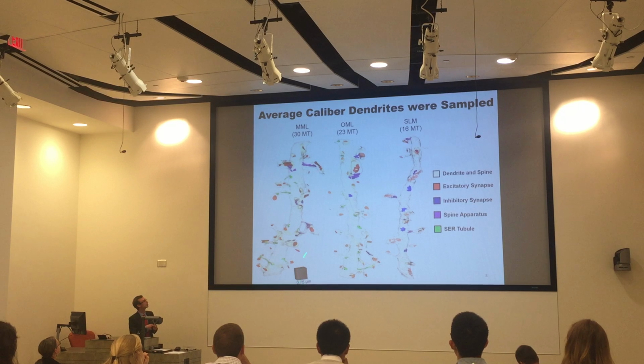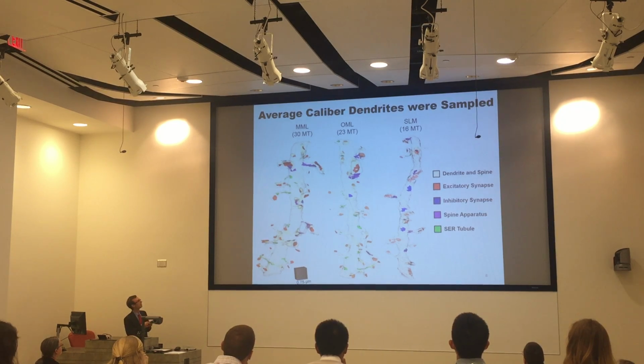And so in these 3D reconstructions, the dendrites are in pale yellow, the excitatory synapses are in red, the inhibitory synapses are in blue, and then the SER, so a single SER tubule, is pictured in green, and then an elaborated SER structure, the spine apparatus, will be in purple.